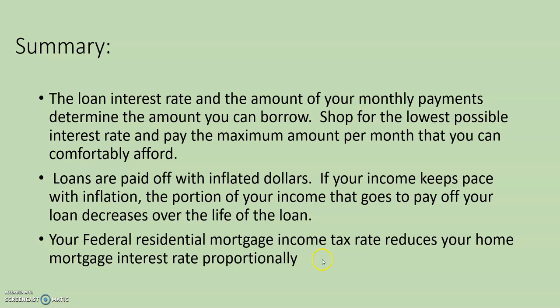If your income keeps pace with inflation, the portion of your income that goes to pay off your loan decreases over the life of the loan. Your federal residential mortgage income tax rate reduces your home mortgage interest rate proportionally. That's section 13.4, the advantages of home ownership.